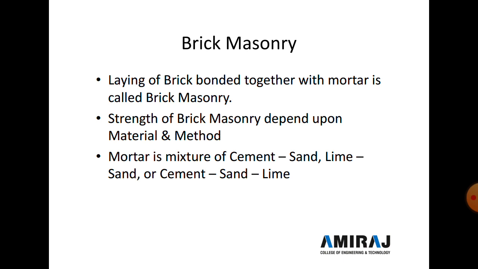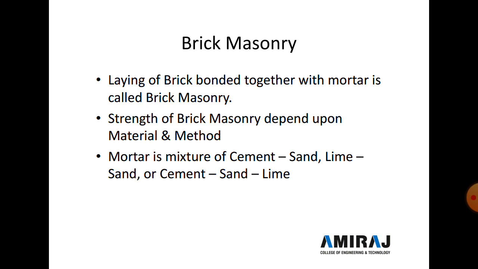First of all, we discuss what is brick masonry. Brick masonry is the laying of bricks bonded together with mortar. So what is laying of bricks? Laying of bricks is preparing one layer above another layer, and these layers are bonded with mortar.